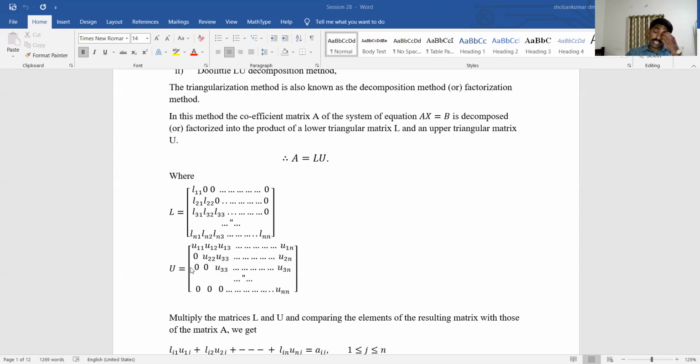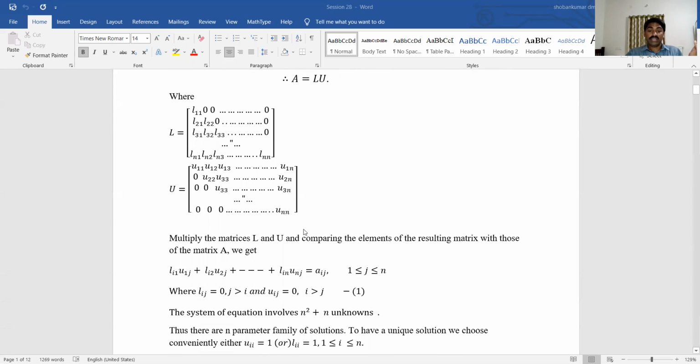Here, according to Crout's method, first we decompose the coefficient matrix into a lower triangular matrix and an upper triangular matrix. Now, multiplying the matrices L and U and comparing the elements of the resulting matrix with those of matrix A, we get Li1 U1j plus Li2 U2j plus and so on Lin Unj is equal to Aij.